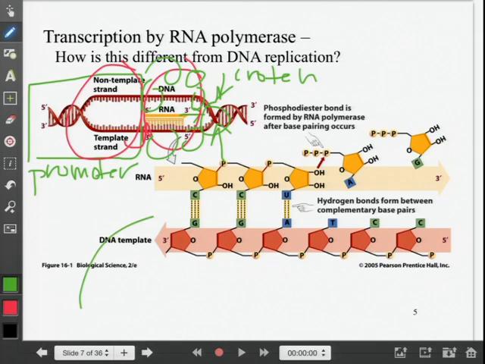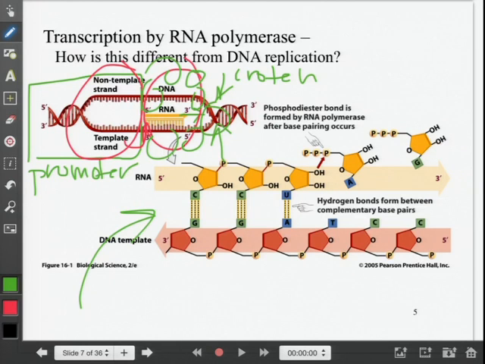And then if we look at what's actually happening, notice the yellow has an extra oxygen at the 2', right? They don't even show it on the DNA. So with ribonucleotides, the bases are exactly the same.